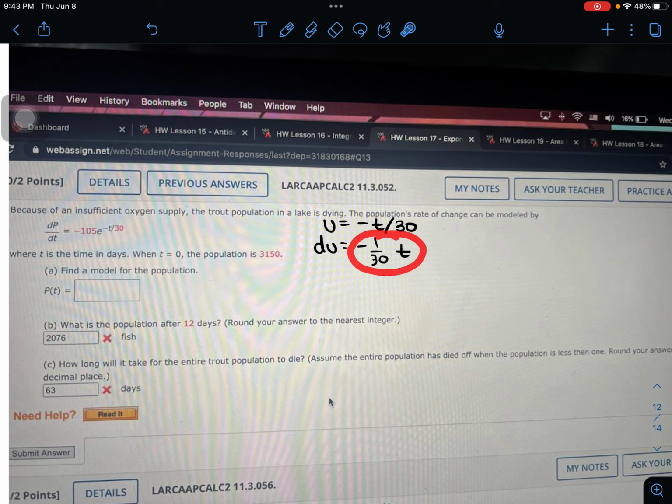These are the same. So if I take the derivative of this thing right here, it's just going to be negative 1 over 30. So du is going to be negative 1 over 30, and it's going to be dt at the end. All right? That's u substitution that you've seen in previous problems.